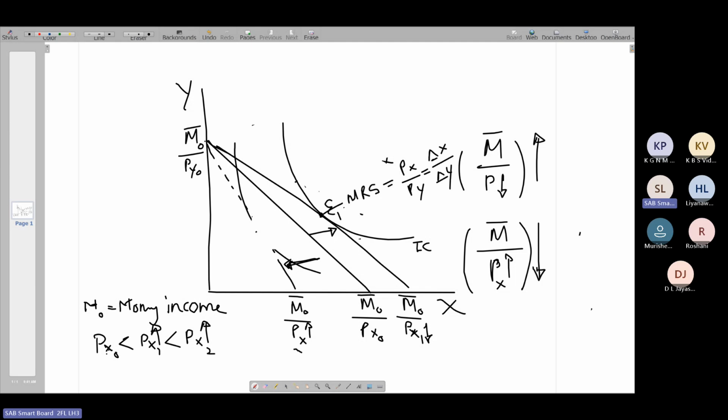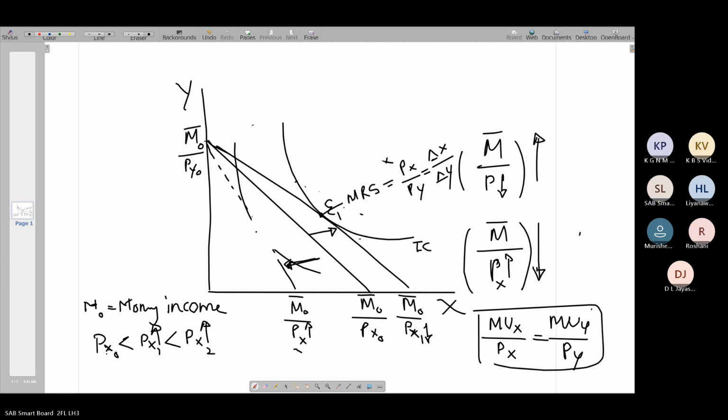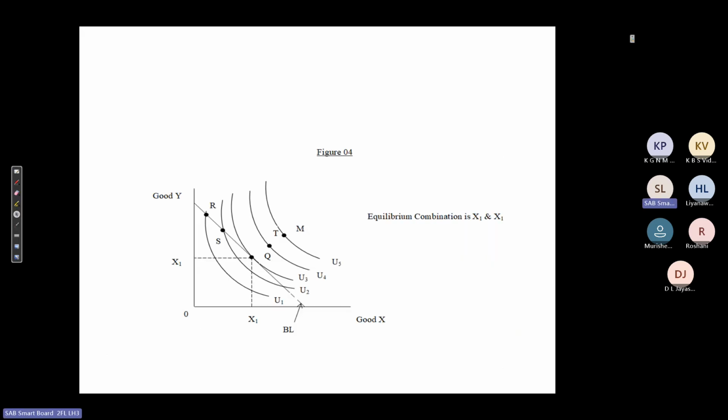And we can also relate this to MUX over PX equals MUY over PY. That is also the equilibrium point. All these conditions come together at the equilibrium point.